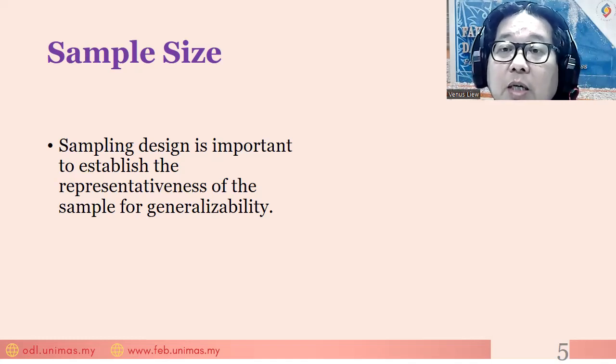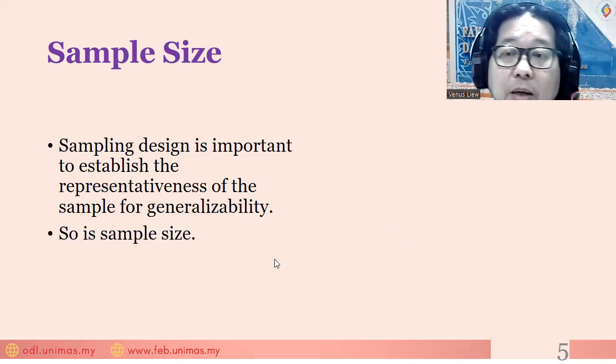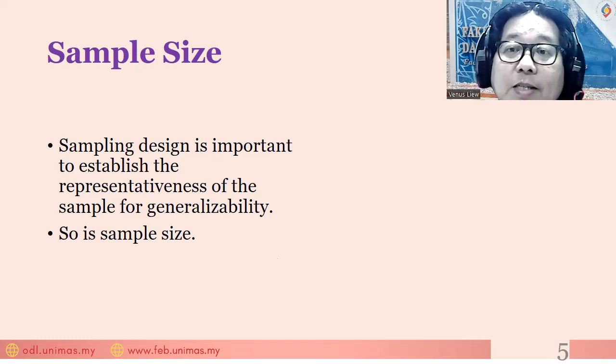These are the techniques allowing us to do our sampling. Sample size is also important in a survey because it will ensure a certain level of confidence and preciseness.